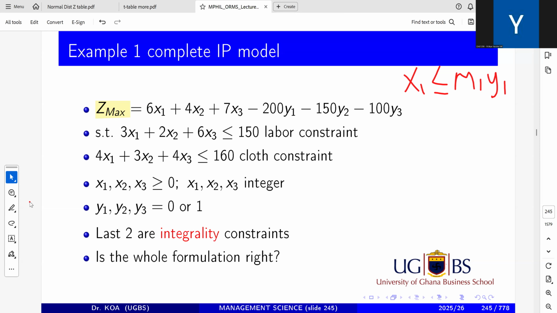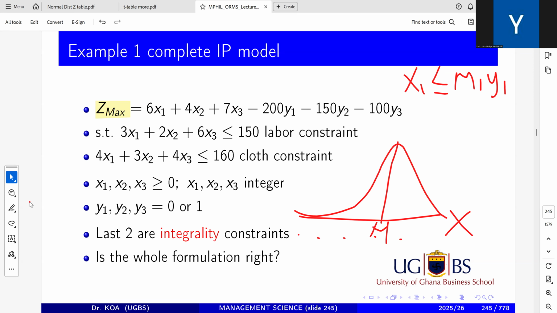It's like when you are doing mean, okay? When you have a normal distribution curve like this, the mean is the center, but everything here is also the X variable. So the mean happens to be one of the X variables. It's not a strange number. It just happens to be one of the X's, but it's in the center. So I'm just saying that this M1 is the highest value that X1 can take.